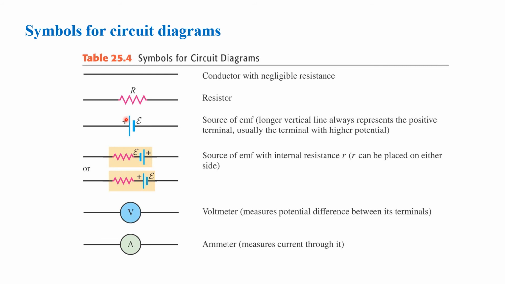This is the source of EMF, where the longer vertical line always represents the positive terminal, usually the terminal with higher potential. This one is used for a source of EMF with internal resistance R. This one is for a voltmeter that measures the potential difference between its terminals. And this one is for the ammeter that measures the current through it.